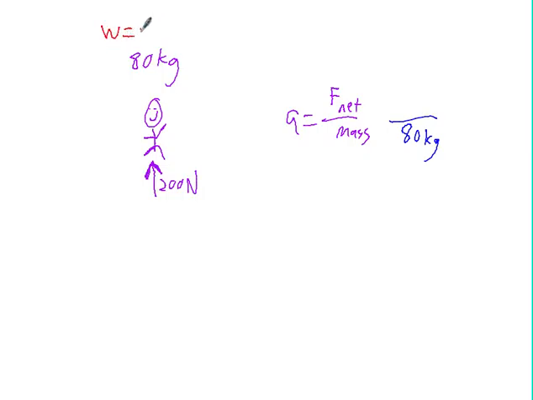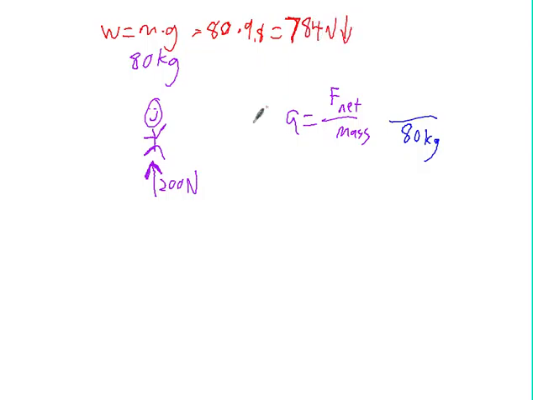Weight equals mass times gravity. So 80 times 9.8. That's how you can find the force downward. 784 newtons down.